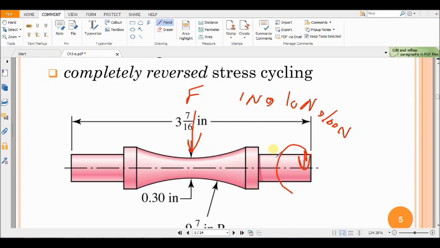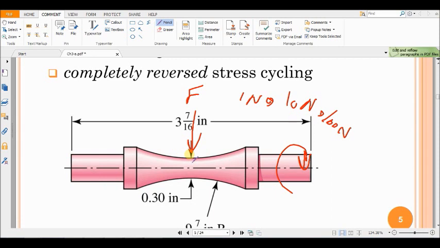because the actual part that you use for an application, for example, a shaft working in a gearbox, is different. That shaft geometry is definitely different from this sample.